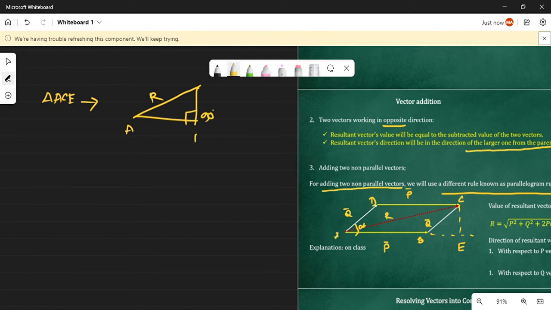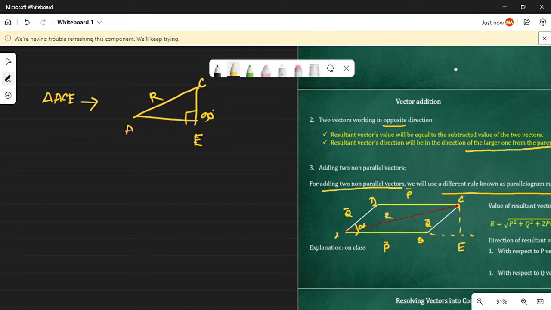That's the main thing. If I can find the value of the hypotenuse of the right angle triangle, I can say that this is the resultant vector value for adding P and Q.